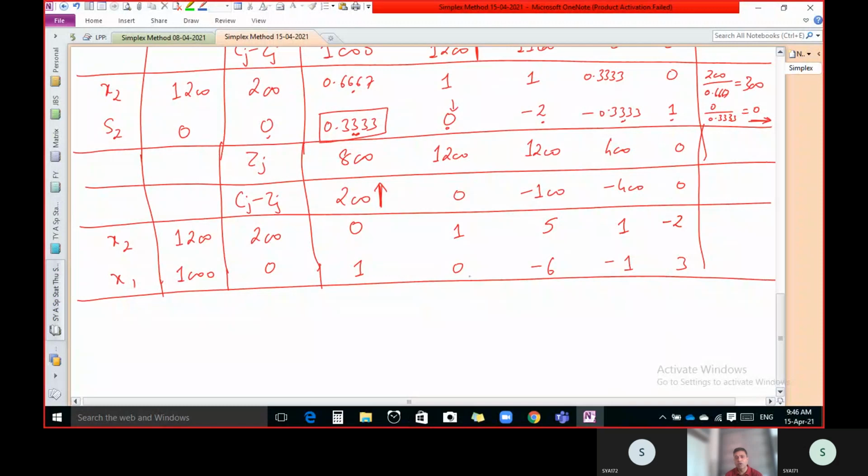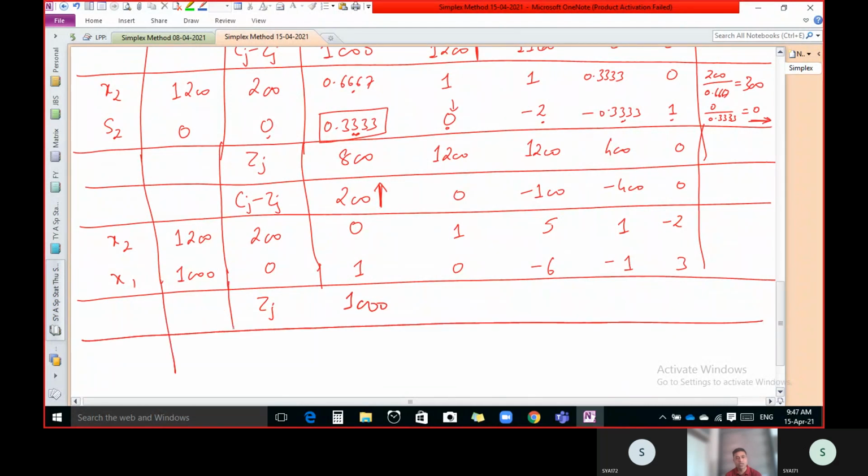Okay, once we have all these values, let us calculate Zj. How to calculate Zj? This with this. So 1200 into 0, 0. 1000 into 1, that is what? 1000. So we have to write 1000 here. Okay, then after this 1200 into 1, 1200, and 1000 into 0, that is 0.